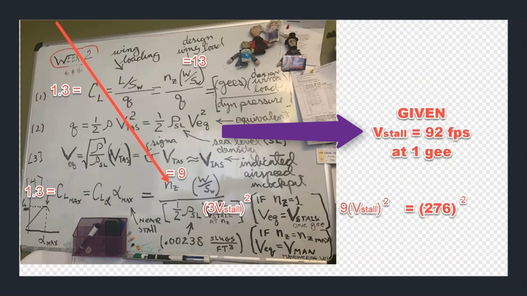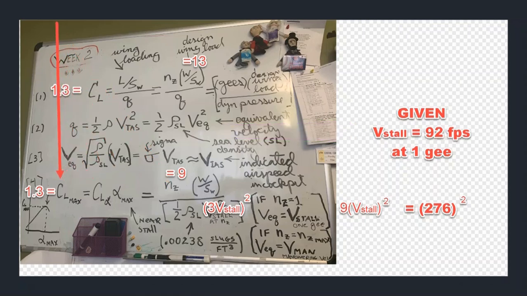If NZ was equal to 9, to keep the same maximum lift coefficient, the denominator has to increase by a factor of 9 also. Then the 9's will cancel, and I'll still end up with 1.3. Well, you see that if I am 3 times the stall speed at 1G, that 3 will come out as a 3 squared and become a 9. And the 9's then will cancel.